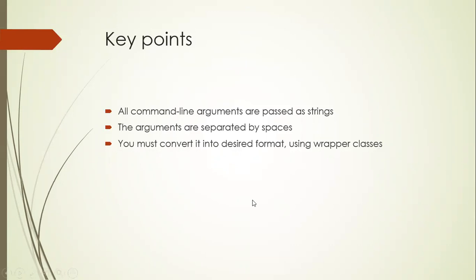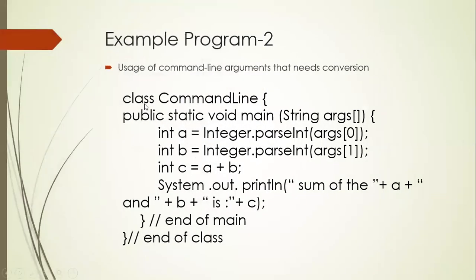So let us see one more example so that you will understand. Class CommandLine, I am passing argument 0 and argument 1, and converting them into integers by using the Integer.parseInt method. I am storing them into a and b, then computing, and then printing the sum of a plus b.